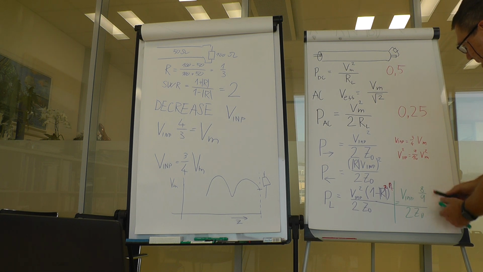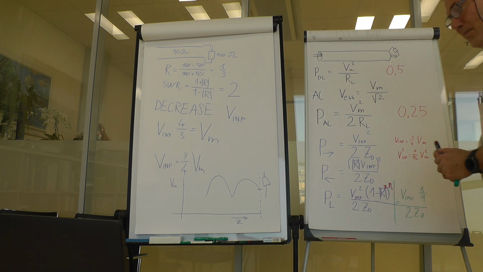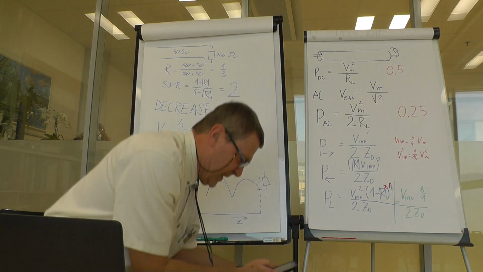So now the power that we deliver to the load is given by 3/4 times 9/16, which is 27 divided by 64, and that should be calculated.